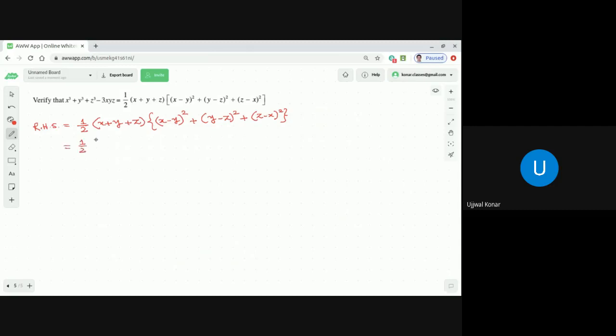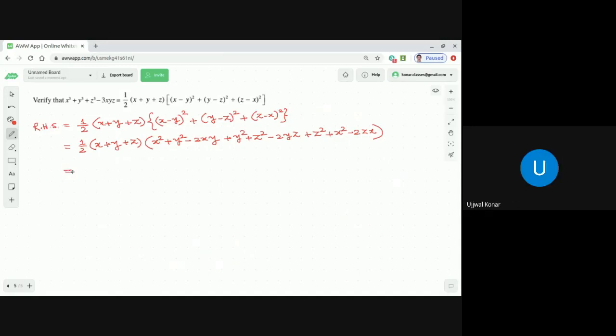1 by 2 into x plus y plus z into, we just expand, x square plus y square minus 2xy plus y square plus z square minus 2yz plus z square plus x square minus 2zx. Correct, no? Do you agree to me till this part?